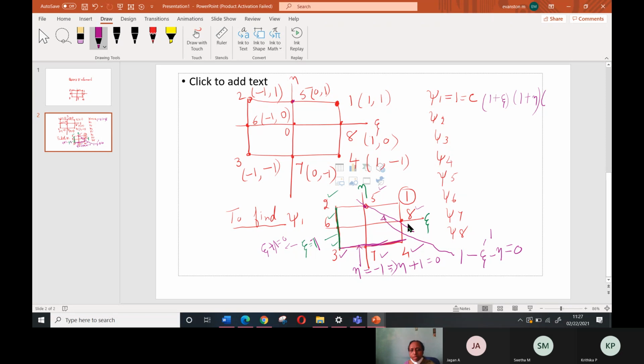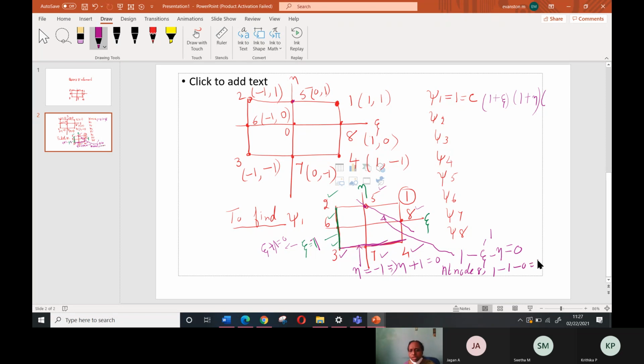Any confusion in this one? When I am substituting the coordinate values at nodes 8 and 5, it should satisfy. So when I am substituting the value of xi and eta at node 8, if you want, you write at node 8, 1 minus xi is equal to 1 and eta is equal to 0.